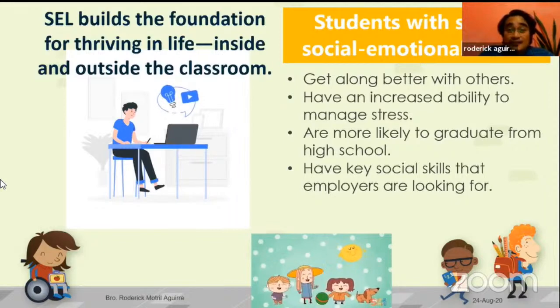They were just raised not to be sociable. Kanino kasalanan yon? Huwag naman agad natin i-blame ang mga teachers. Huwag naman natin i-blame agad ang mga classmates. Probably we need to look at the core unit of society, which is the family. Everything emanates from family. All right.